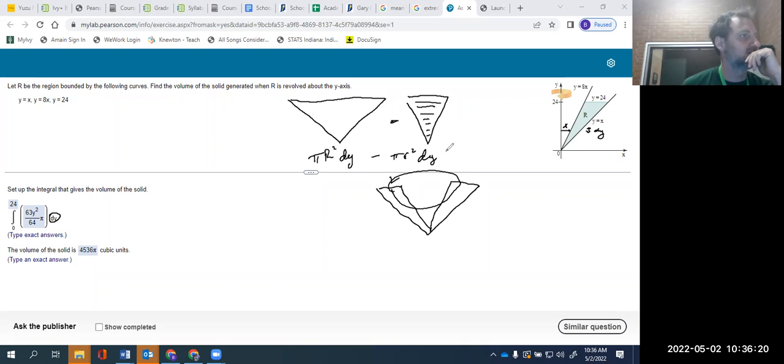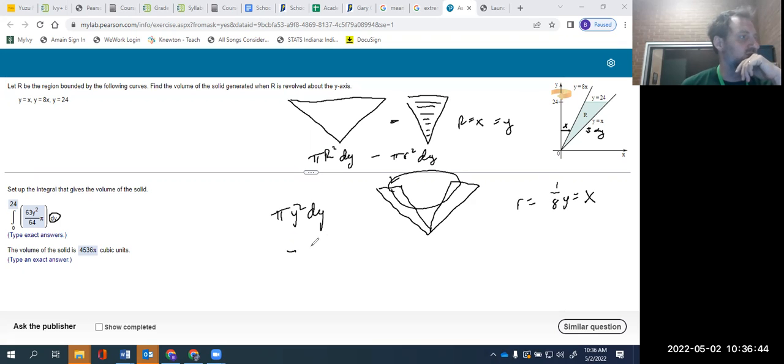Now, in the outer one, it's nice because x, which is r, is y, right? Y equals x. So this is just pi y squared dy minus, now the inner one, we got to do a little bit of manipulation, 1/8 y equals x. So the radius is x, little r.